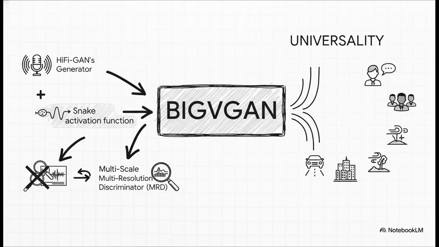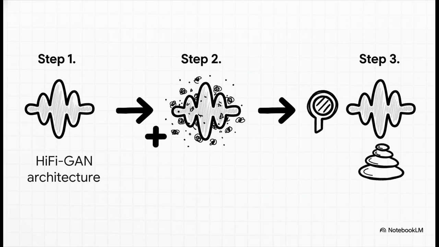For instance, it replaced the standard leaky ReLU activation with something called Snake, which is this cool function that naturally has a periodic wave to it, helping the model learn those patterns even better. It also swapped one of the old discriminators for a multi-resolution discriminator, which focuses on spectral sharpness. But the biggest thing, it was trained on a massive scale to be super robust to new speakers, new languages, even background noise.